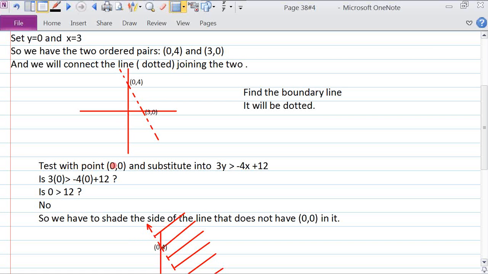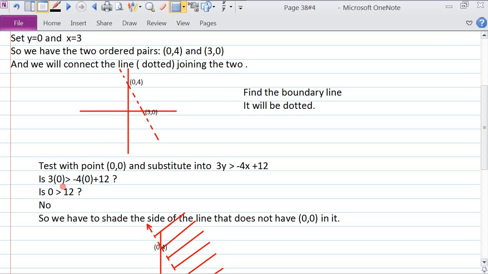So we replace the y with a 0 and the x with a 0 and ask, is 3 times 0 greater than minus 4 times 0 plus 12?